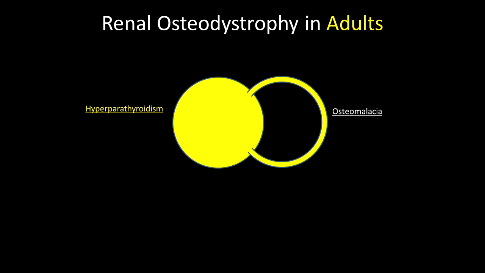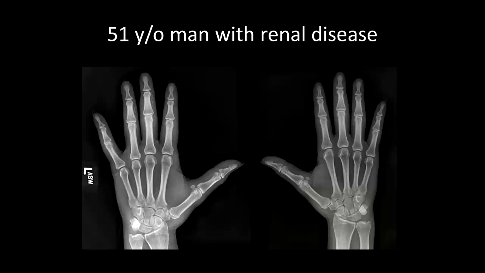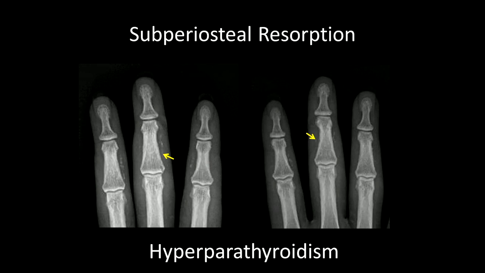So for making the diagnosis of renal osteodystrophy in adults, you're going to be particularly paying attention to the findings of hyperparathyroidism. The story is slightly different in children. Before I get to children, though, let's show this case of a 51-year-old man with renal disease. On these x-rays of both hands, perhaps the only thing you appreciate are some subtle vascular calcifications.